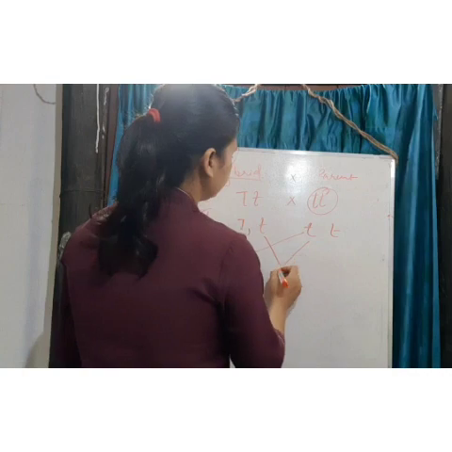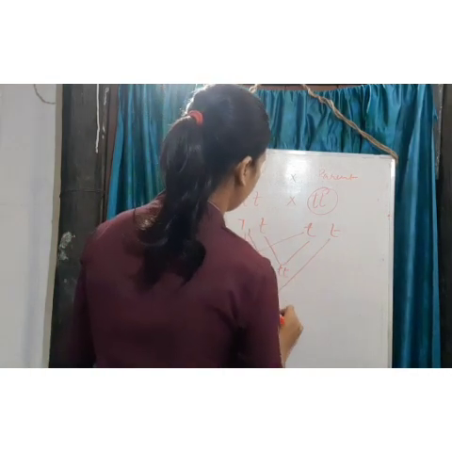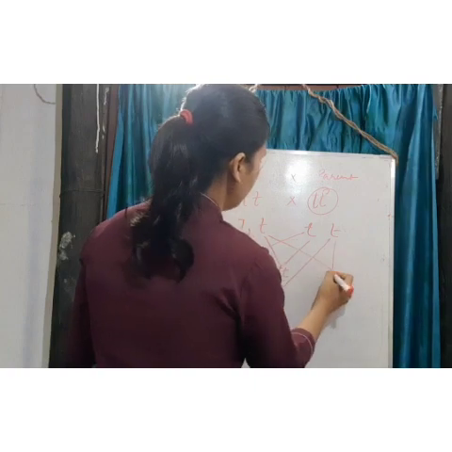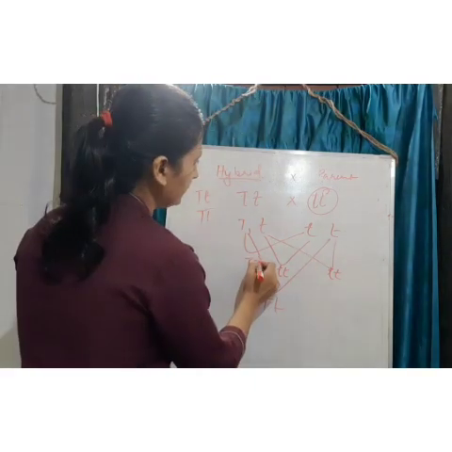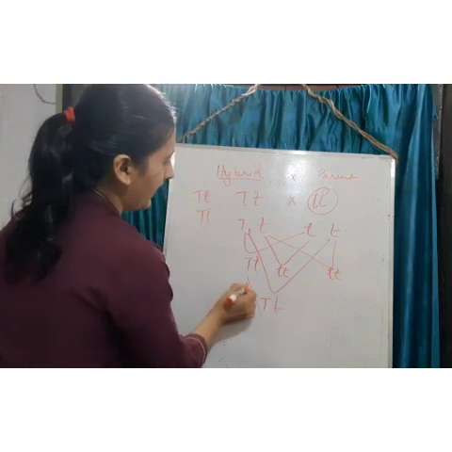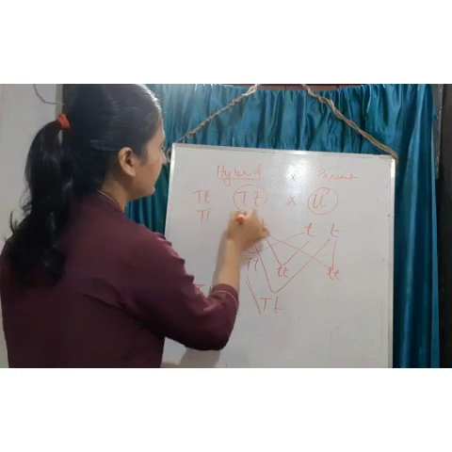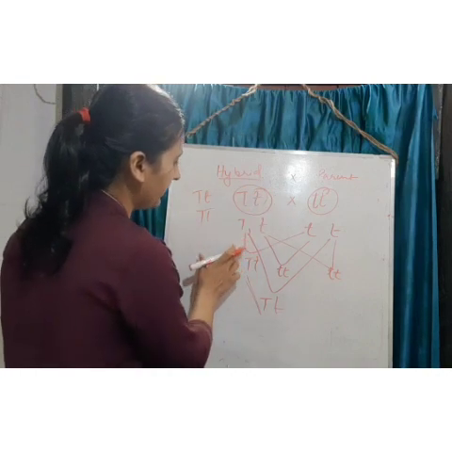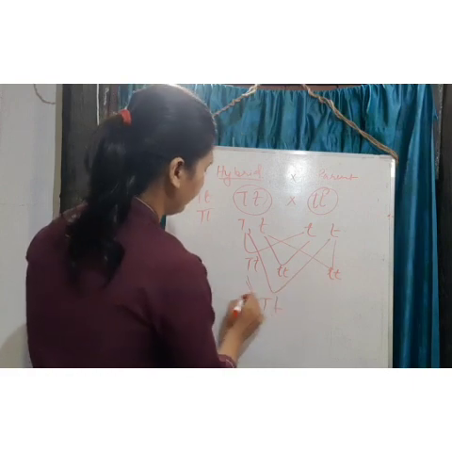Now here what we got to see is heterozygous tall. If this is taken, then we got heterozygous tall and dwarf, right?